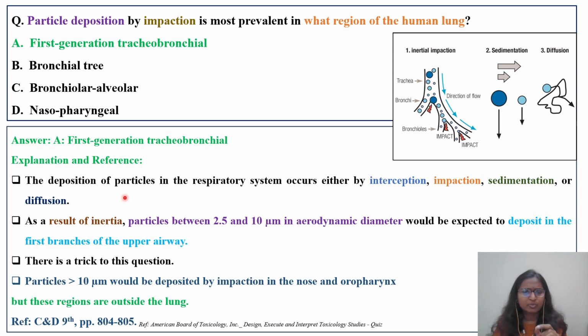The deposition of particles in the respiratory system occurs by four different mechanisms: interception, impaction, sedimentation, and diffusion.